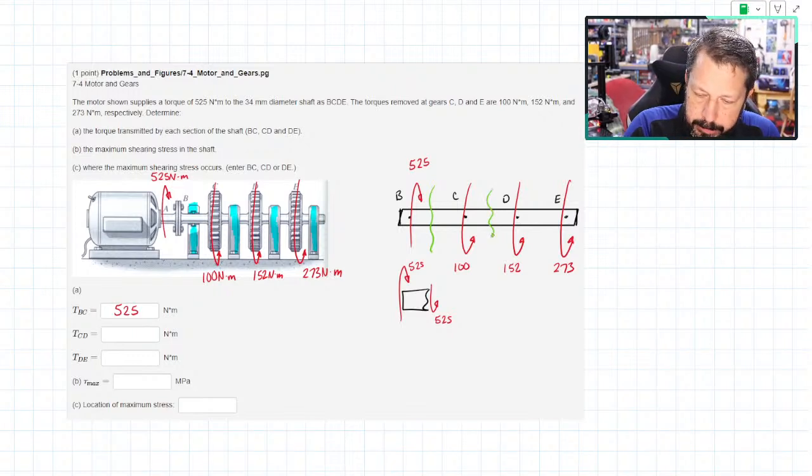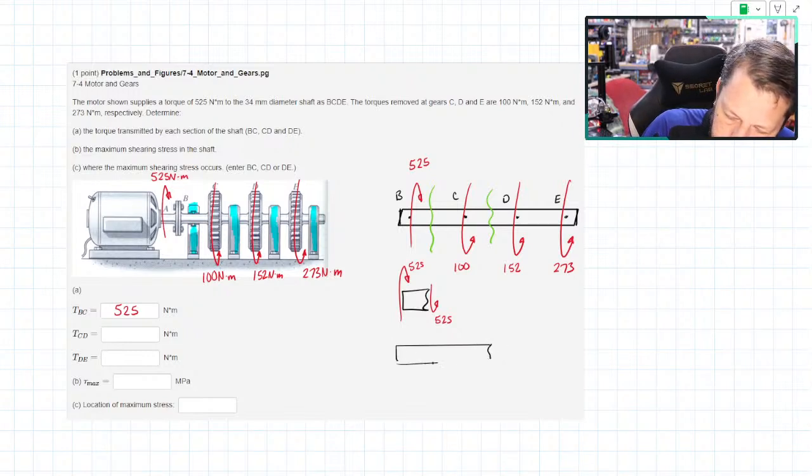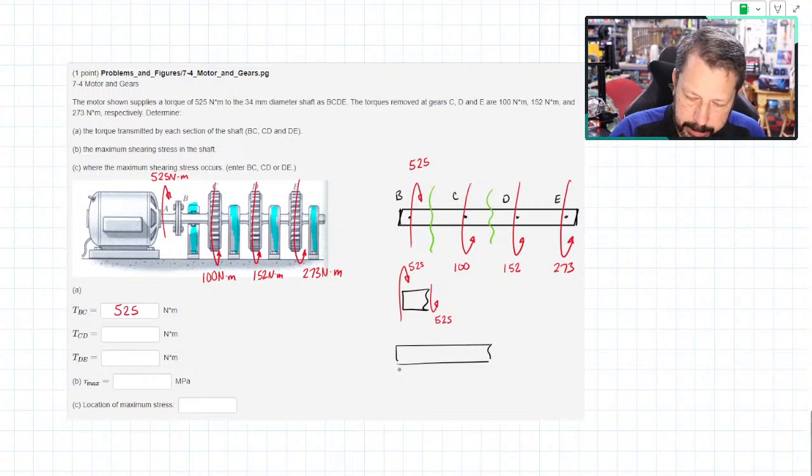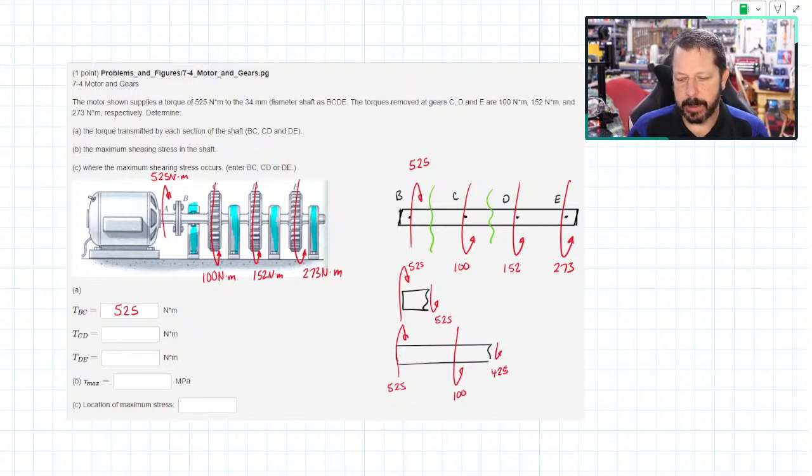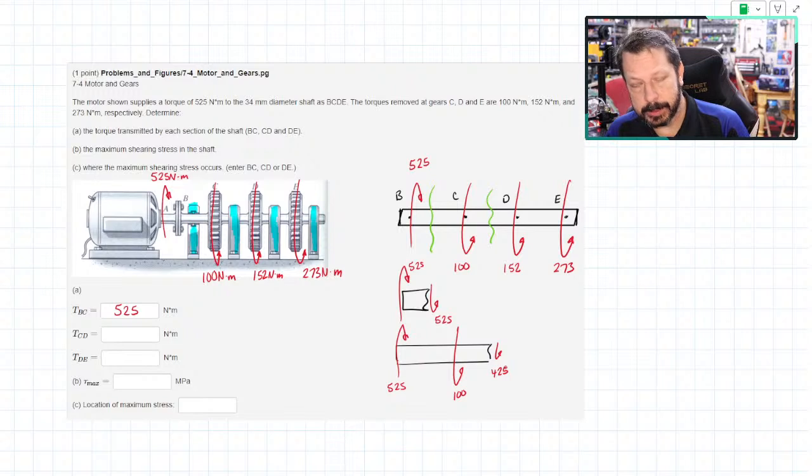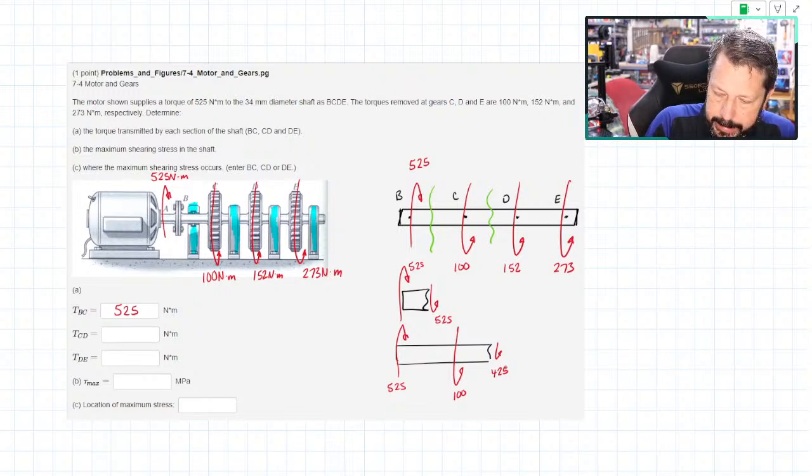CD, we would have the 525 in, the 100 out, and then we would have another 425 out, so that we have balancing our torques there. So I have a total of 525 going in one direction, total of 525 going in the opposite direction. So the internal torque for CD would be 425.